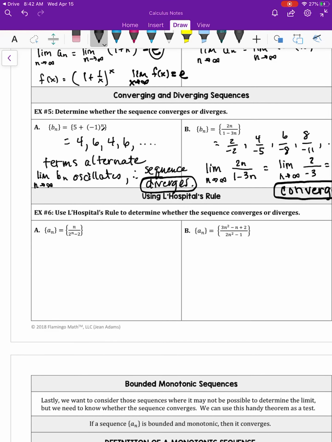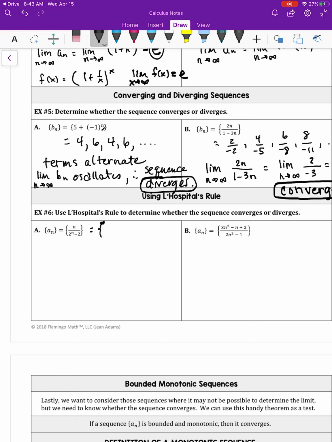All right, so use L'Hopital's rule to determine whether the sequence converges or diverges. It is a good idea to always imagine what your sequence would look like by putting in your values. They specifically told us to use L'Hopital's rule, so you're assuming you're going to be using a limit.